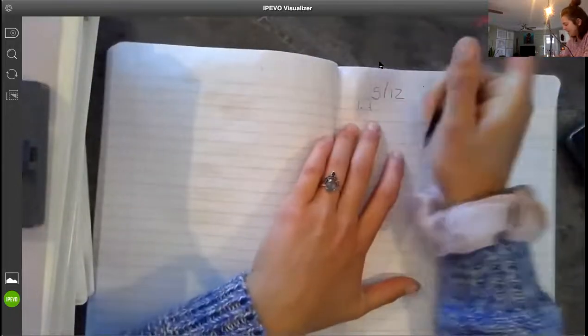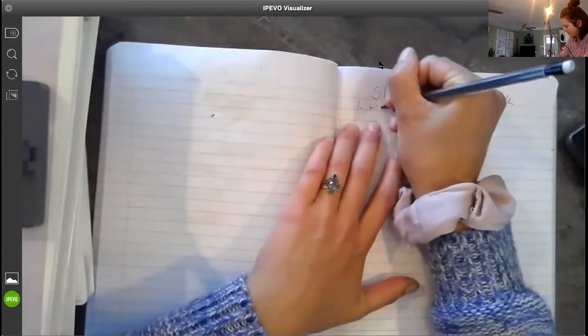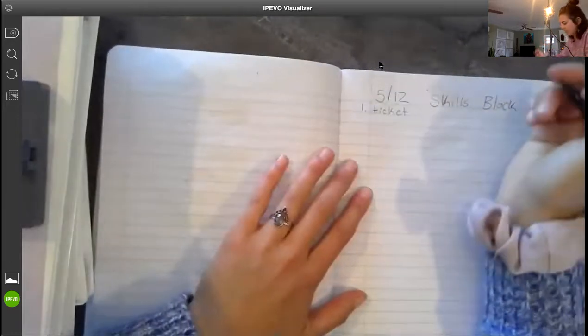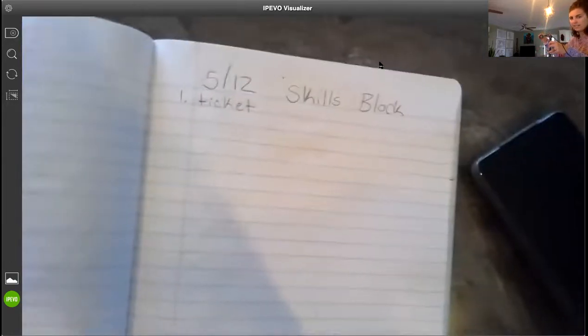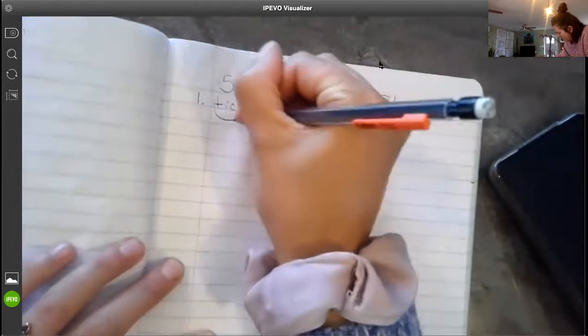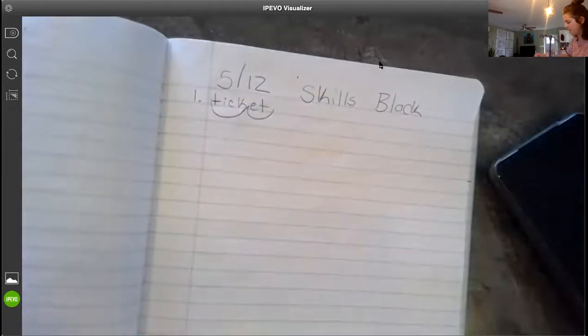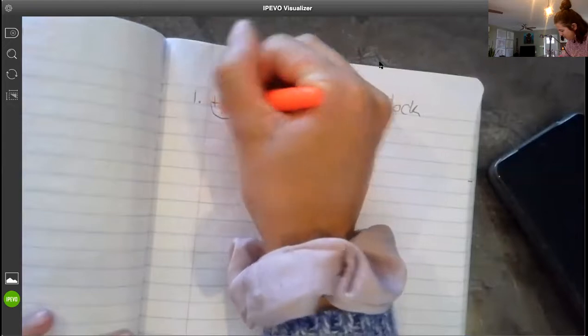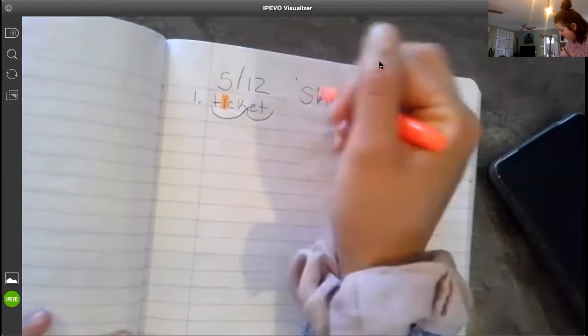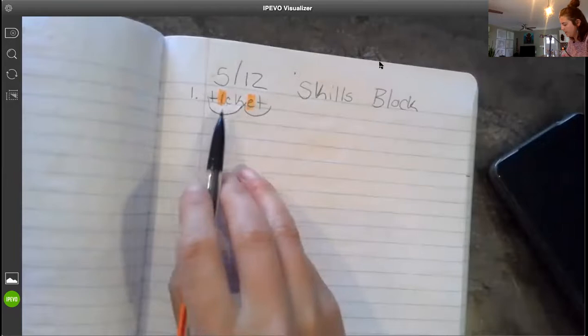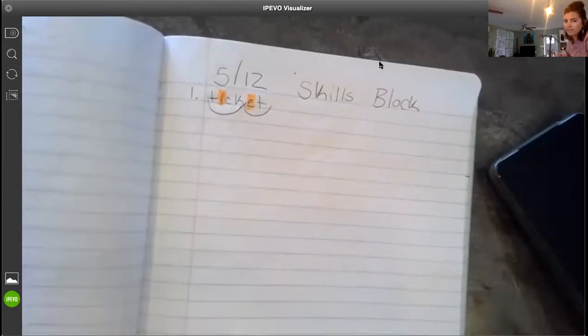I'm going to write ticket, T-I-C-K-E-T. Let's scoop it. We have tick, it. I'm going to highlight my vowels. So we have one vowel in our first syllable, one vowel in our second syllable.